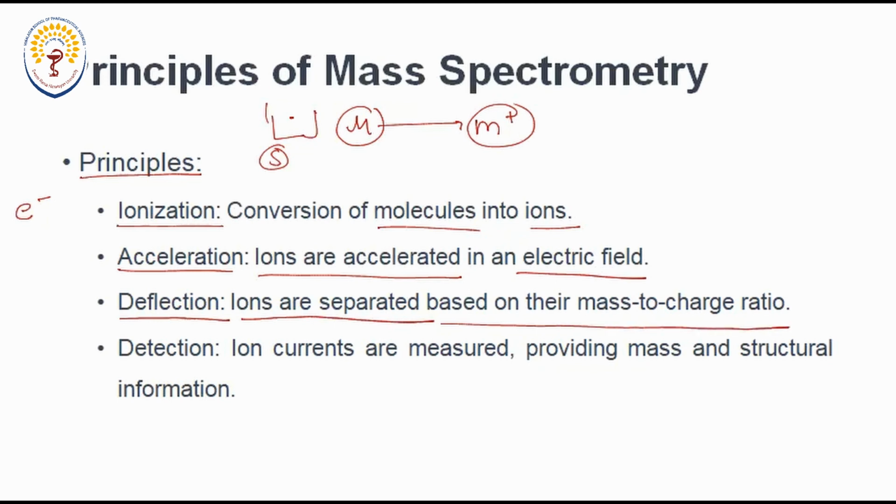I will show everything in the next slide. But first you must understand the steps. First is ionization, second is acceleration, third is deflection, and fourth is detection. In detection, the ion currents are measured. The separated ions collide onto the detector, and the detector detects the mass to charge ratio and tells us the mass of the compound.